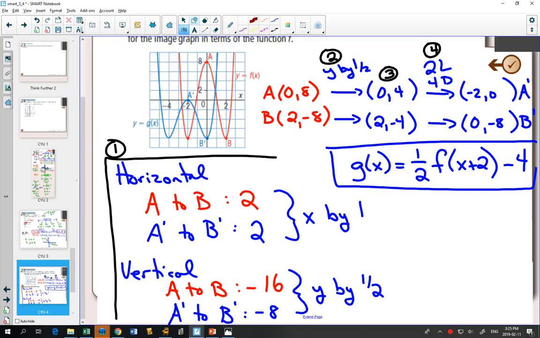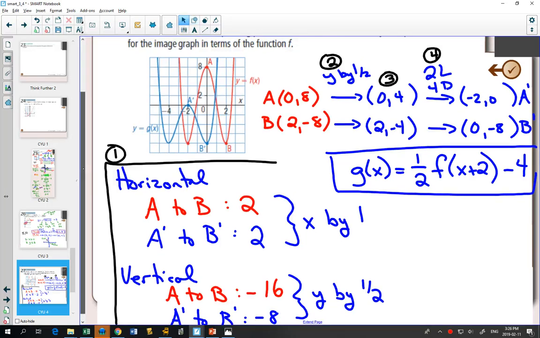Especially when you're working backwards, when you're undoing something. Working forwards, the steps normally happen that you do this first, this second, this third, and get your answer. But working backwards, you're dealing with a whole bunch of different situations. It's not as linear. And so what we did first was this and labeled the original points. We labeled where those points ended up. And then filled in everything afterwards.